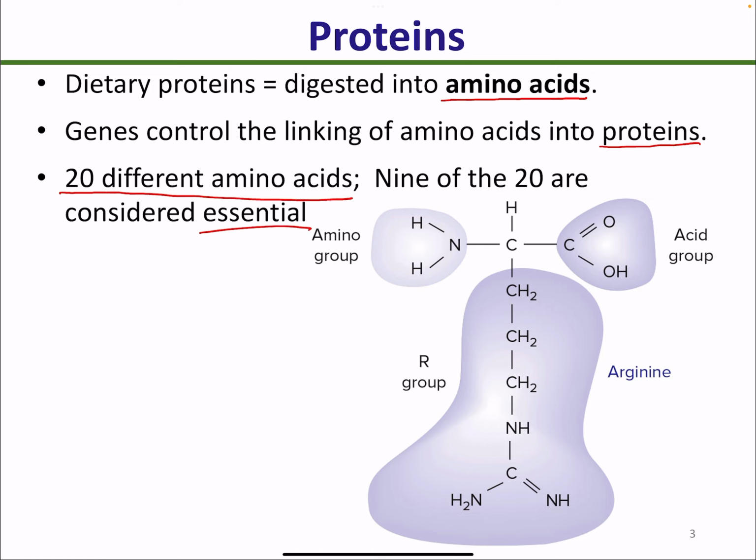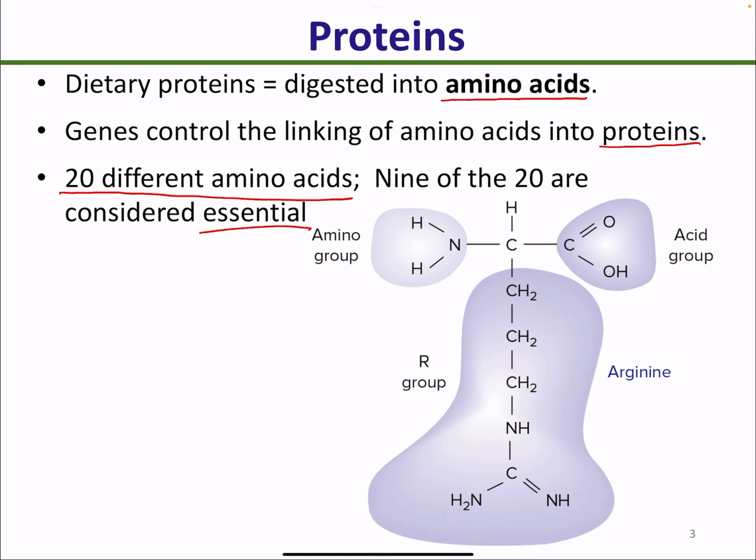Now, what we consider essential are these amino acids that we have to obtain by the food we eat. Our body may not know how to synthesize these amino acids. We have to obtain these amino acids from the food we eat. That's why we call them essential amino acids.